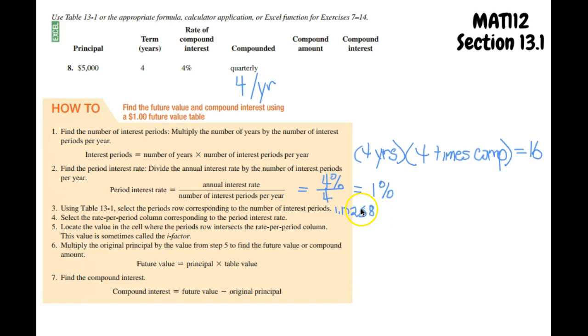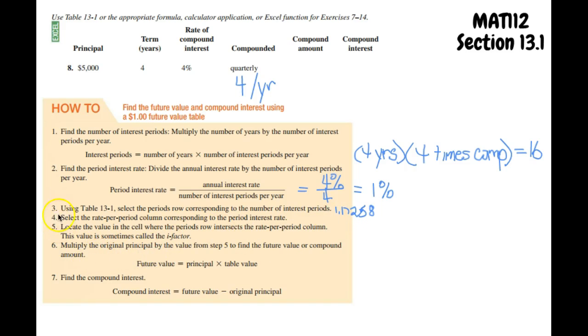Sorry, not the best handwriting there. And that's our rate per period. Or excuse me, that's called the I factor. Okay, and it's just what the future value of $1 would be worth based on these conditions in this problem.